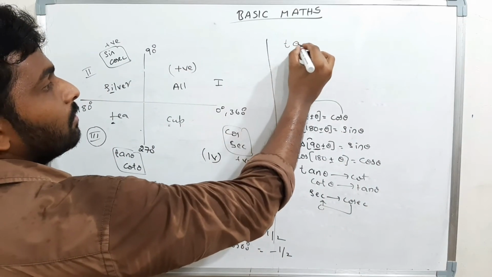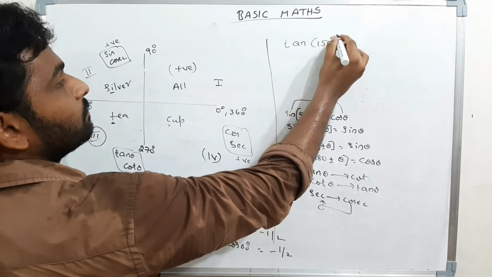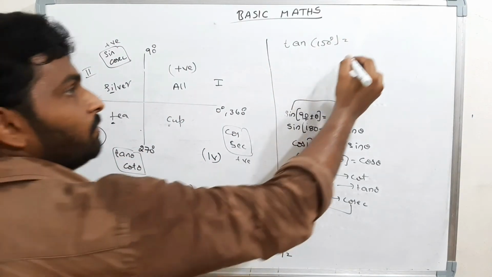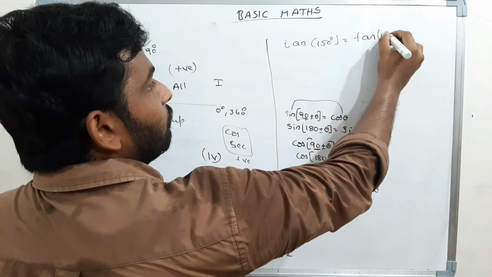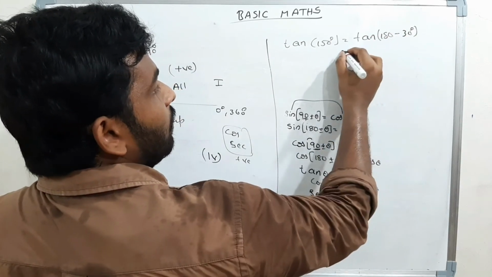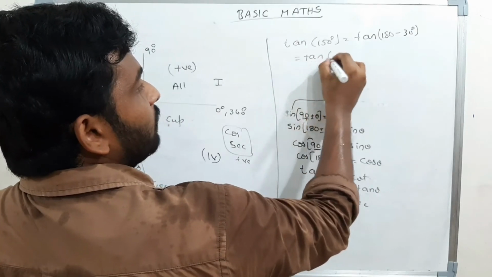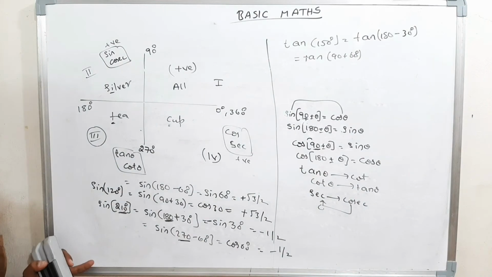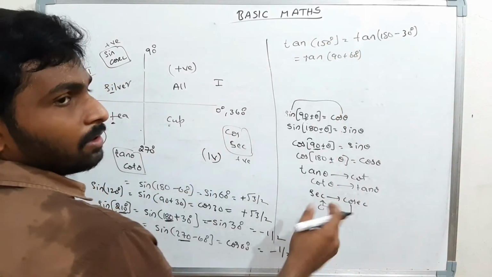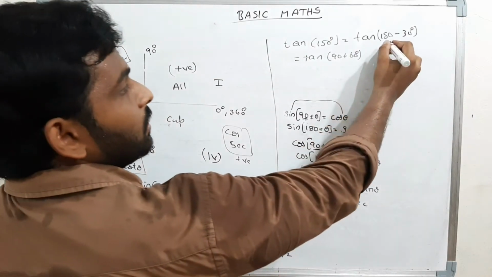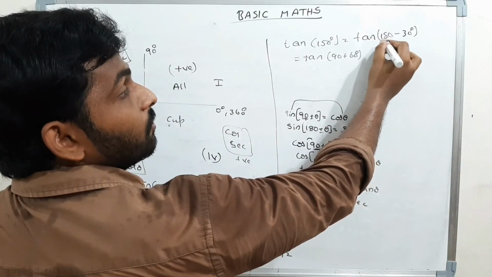Now tan 150 degrees. Same here, tan 150 degrees how much? Tan 150 I can write as tan of 180 minus 30, or I can write as tan of 90 plus 60. 180 minus 30 is 150, or 90 plus 60 is also 150. Now this one is an even multiple of 90. Therefore tan will be tan.